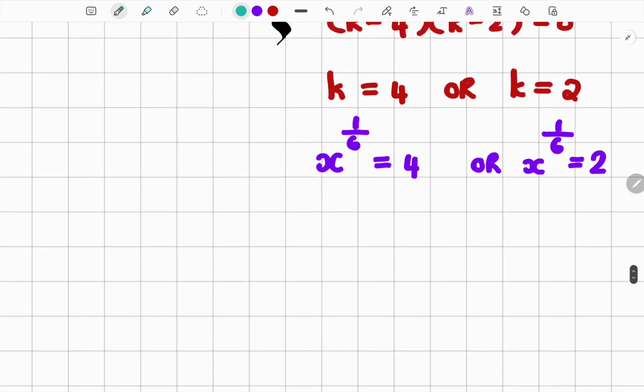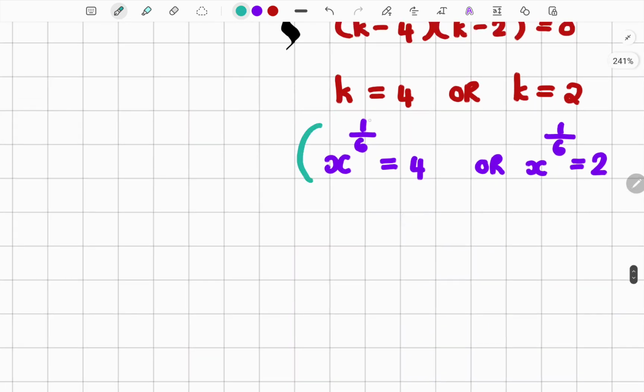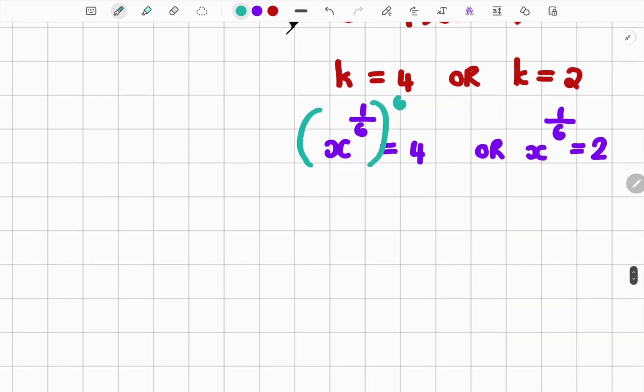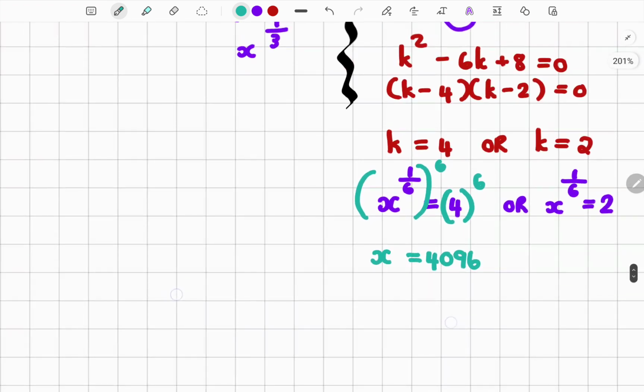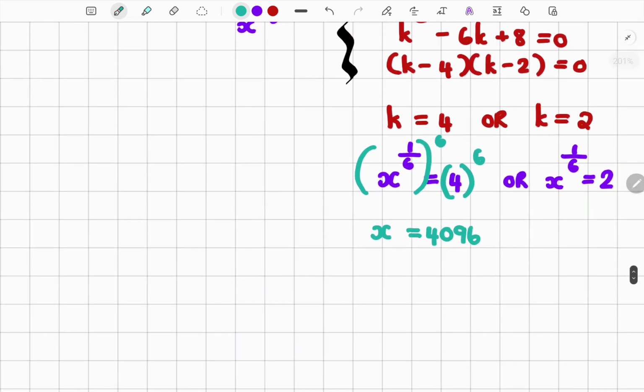We want to solve for x. So what do I need to raise it to? 6, because 1 over 6 flipped around is 6 over 1. And what I do on the one side, I must do on the other side. So x is either 4 to the power 6, which is 4096. Yes, we do have such a horrible answer.